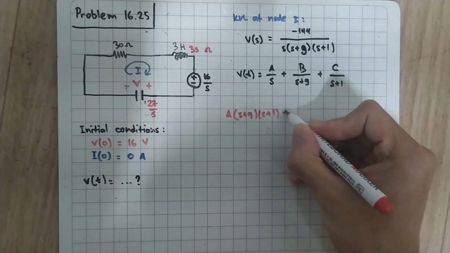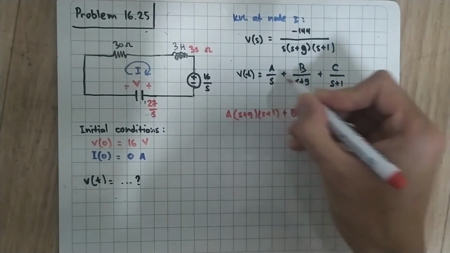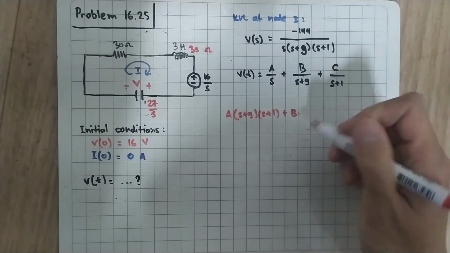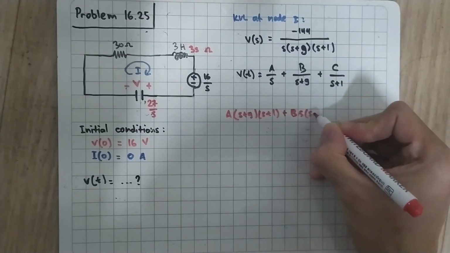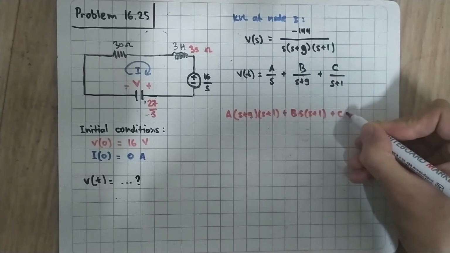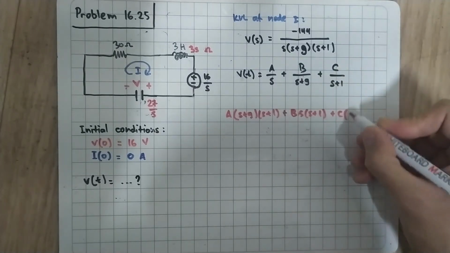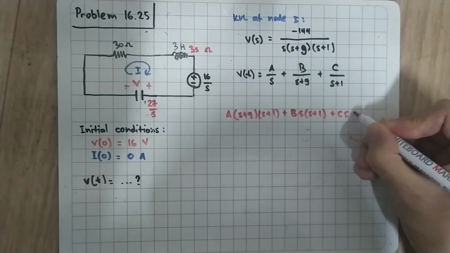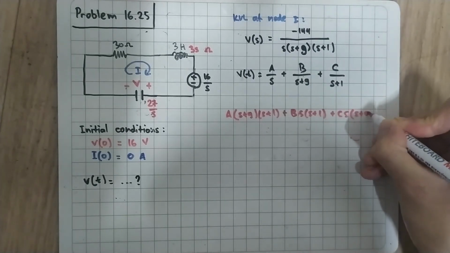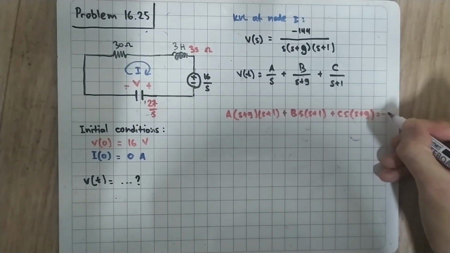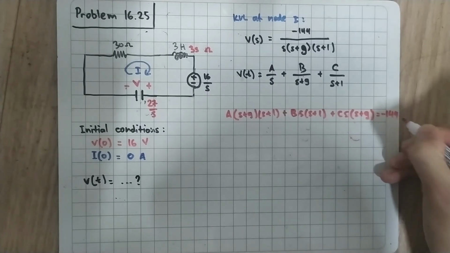Then for b, I will need to multiply it by s and then s plus 1, and then plus c, that will need to multiply it by s and s plus 9, and all of this will equal minus 144.